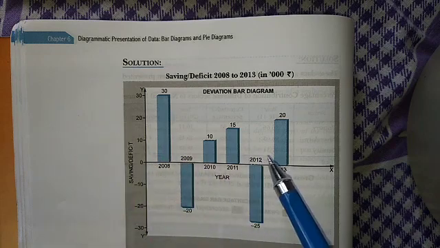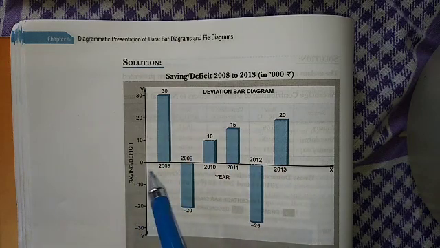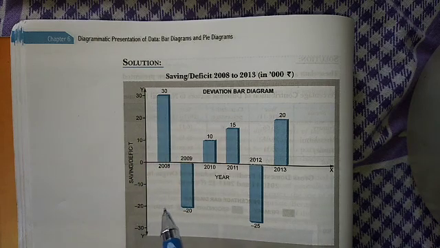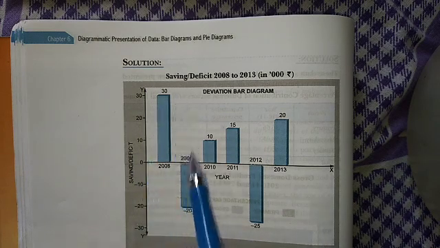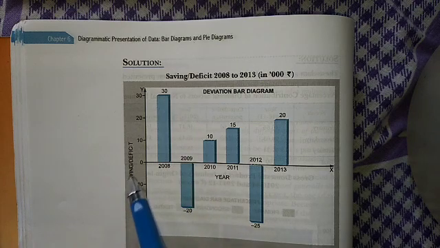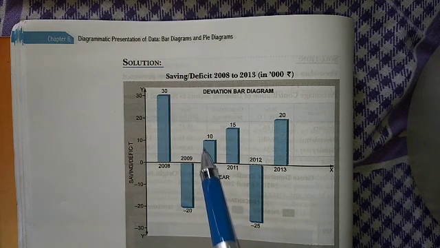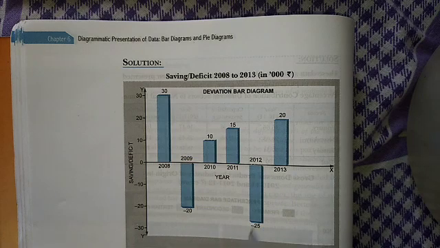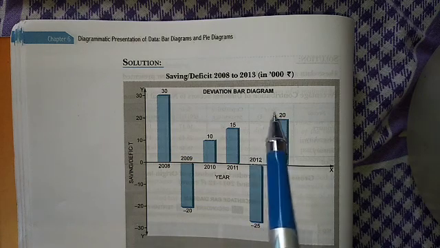Now as you can see here, in 2008 it was 30 crores, and in 2009 it was minus 20, shown here below, and 2010 it's 10, in 2011 it's 15, and in 2012 it's minus 25, in 2013 it is 20.